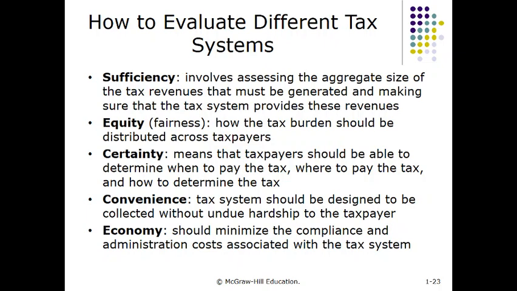Convenience. The tax system should be designed to be collected without undue hardship to the taxpayer. Certainly from that standpoint, because of the pay-as-you-go system, if you're employed, your employer takes it out of your paycheck for the most part. It's fairly convenient. Economy means the system should minimize the compliance and administration costs associated with the tax system.